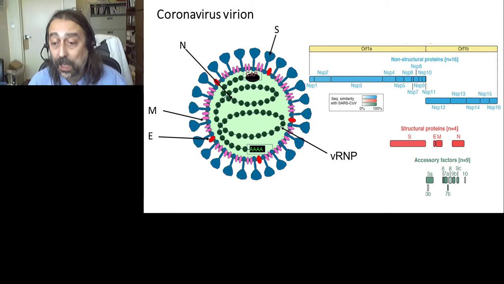They are very unique and distinguish different coronaviruses. So the accessory factors of SARS-CoV-2 are also very unique. Some of them are similar to the ones of the SARS coronavirus, the first SARS that we got a while ago, but some of them are very unique and only found in SARS-CoV-2.